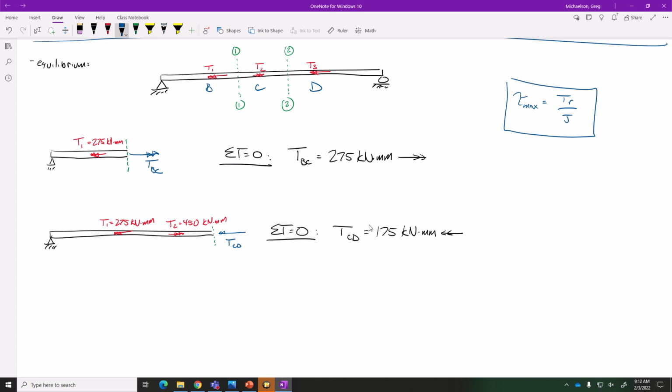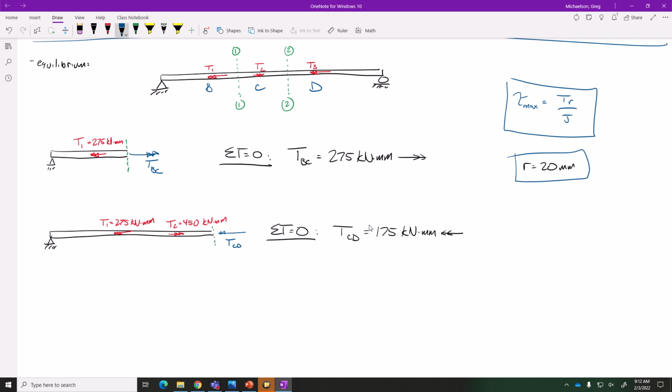Both segments have the same J, right? And both segments are going to have the same R, right? What is R for this shaft going to be? What's the outer diameter? So the same R and the same J.